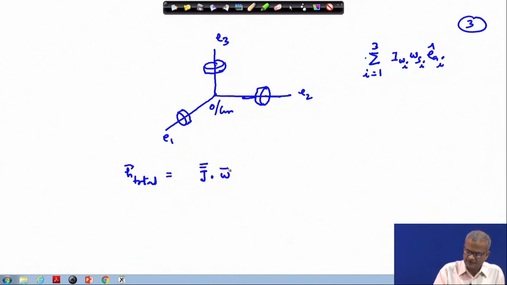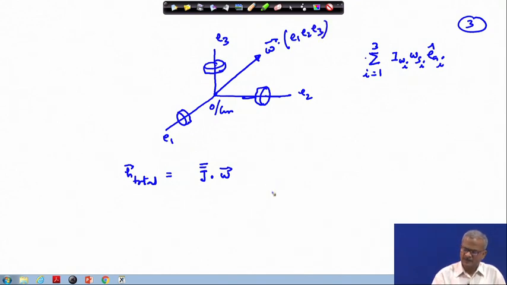If we drop this term, we get here J double dot omega, where omega is the angular velocity of this body axis E 1, E 2, E 3. Then you have the corresponding terms here. For each of them, let us write H wheel 1 plus H wheel 2 plus H wheel 3.